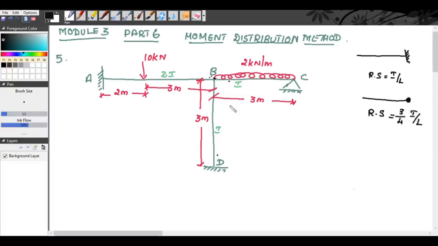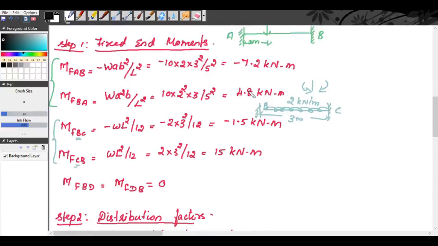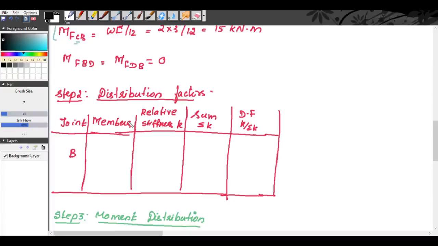Okay, so now we will write. At joint B we have 3 members, right? It is fixed, it is hinged, and at D also it is fixed. Here it is 2I, I, 5 meter, 3 meter and 3 meter.